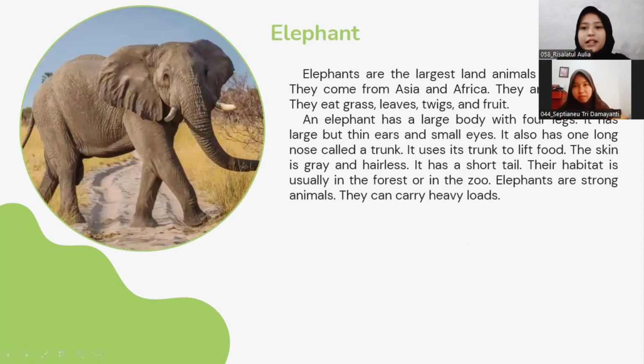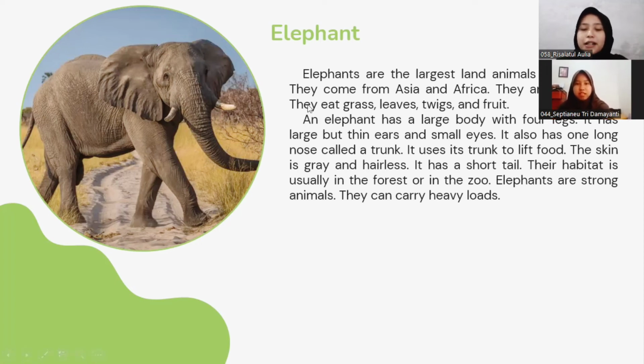Okay, this is another example of descriptive text. Now, please read and decide which one is the identification and which one is the description. Okay, have you finished?